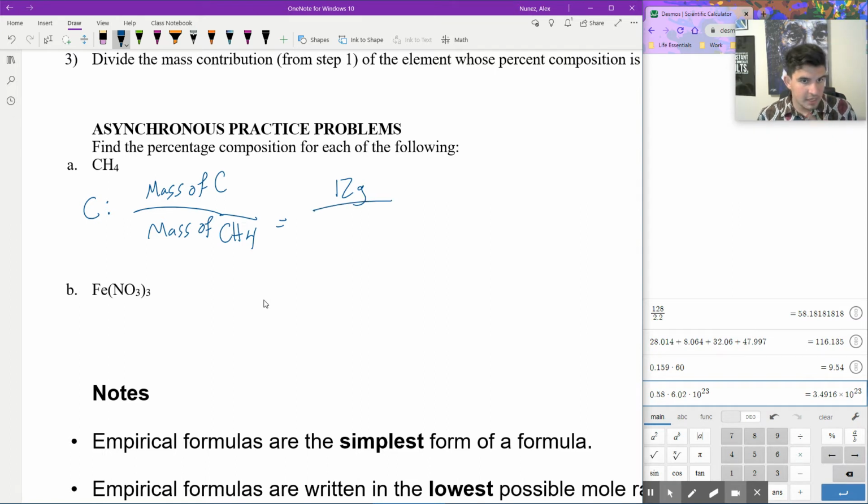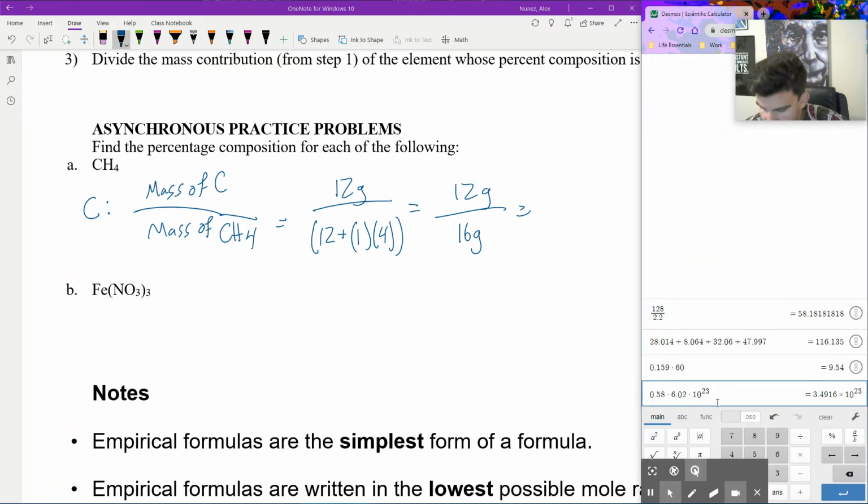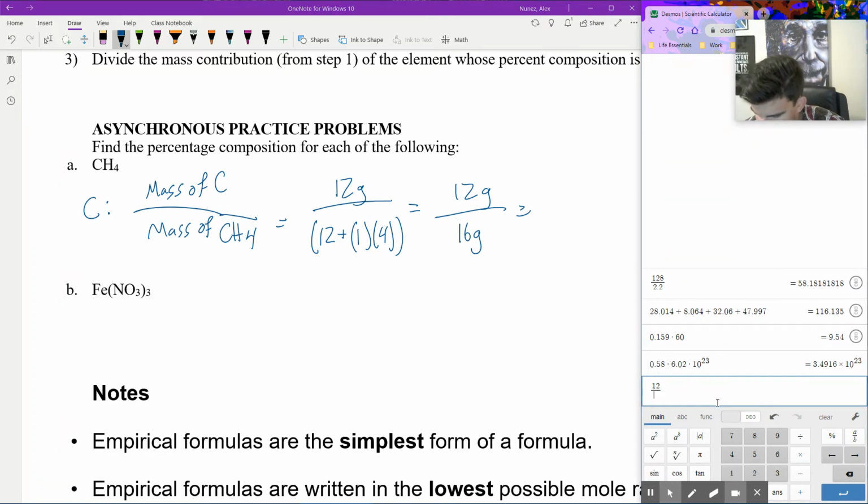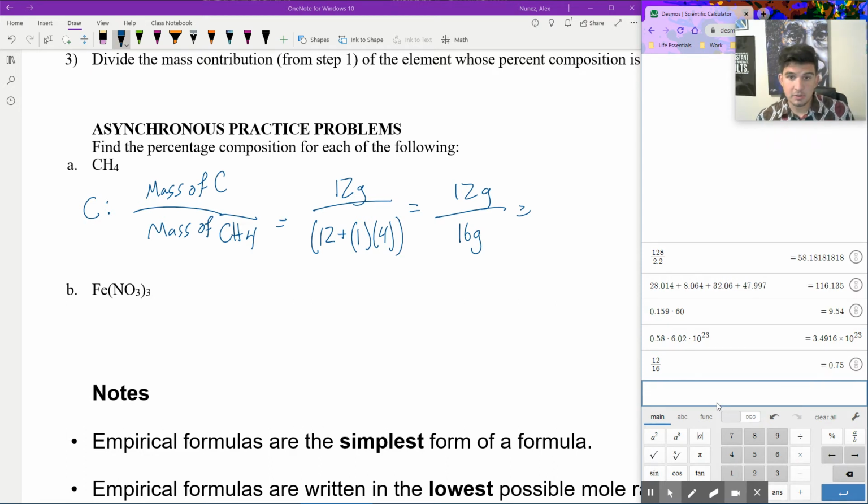The mass of CH4 is going to be the mass of carbon, which is 12, plus the mass of hydrogen, which is about 1, except there's 4 of them, so I need to multiply it by 4. So that's 12 grams divided by 16 grams, which gives me a decimal of 0.75.